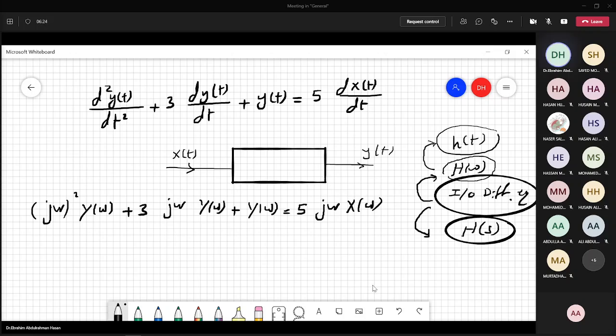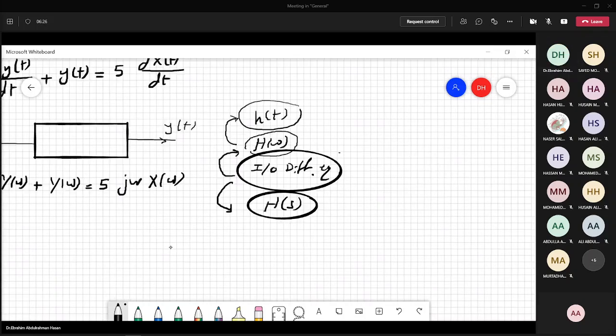Then h of omega is equal to Y of omega divided by X of omega.